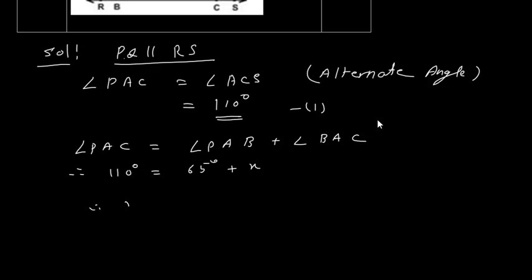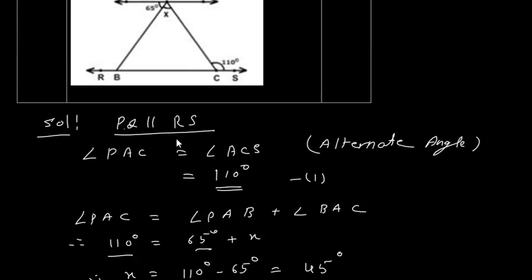Therefore x is equal to 110 degree minus 65 degree. So 110 minus 65 is what? 10 minus 5 is 5, and then 10 minus 6 is 4. So the value of x is 45 degree. Simple question. So like this you have to find the value of x.